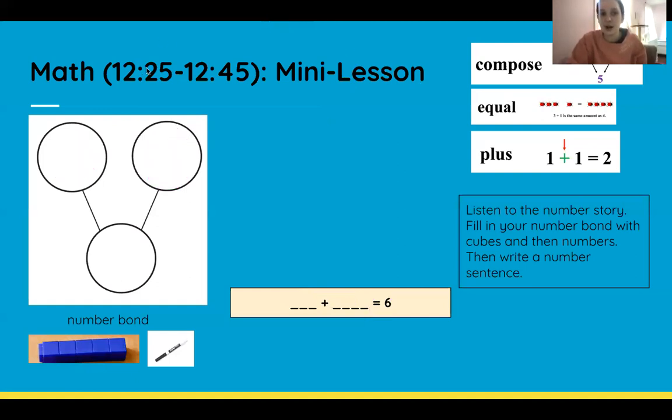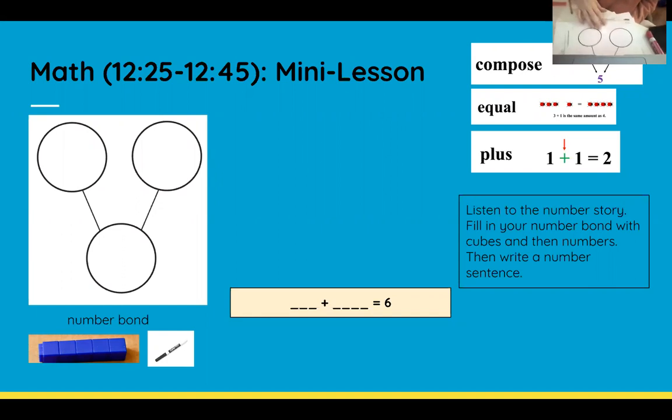All right, let's do one more story. You can keep your number bond the way it is. This time, the squirrel got a little tired of digging. So they only put 1 in the ground, and then they put 5 in the tree.